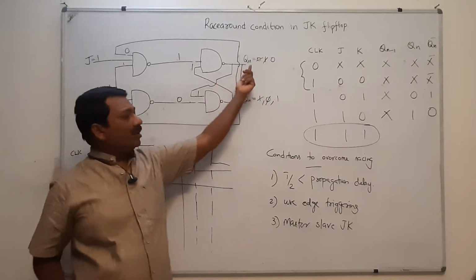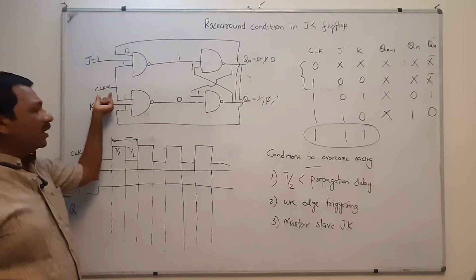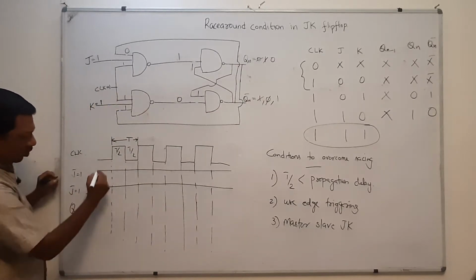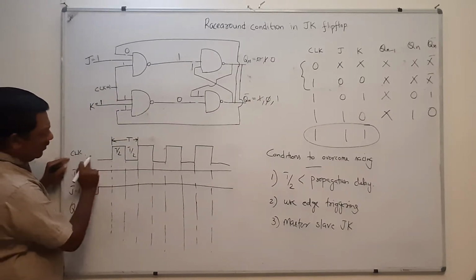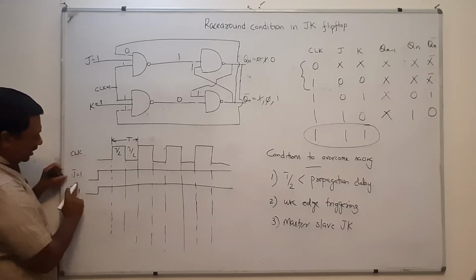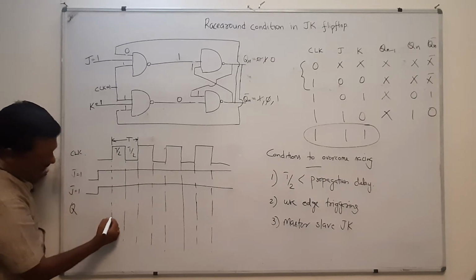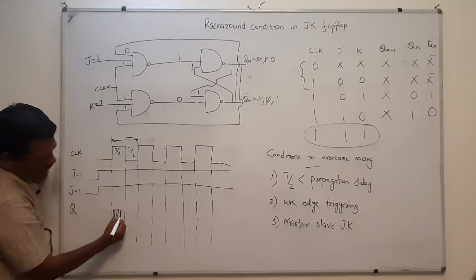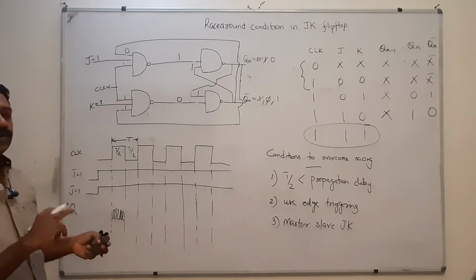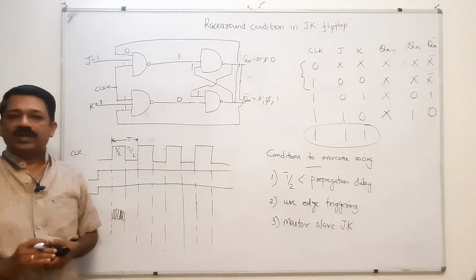That means this Qn, during the same clock period, suppose that this is the clock, and this is the J value, and this is the K value, and during this time it is toggling like this. That means it is switching between 0 and 1, 0 to 1 to 0 to 1, something like that.